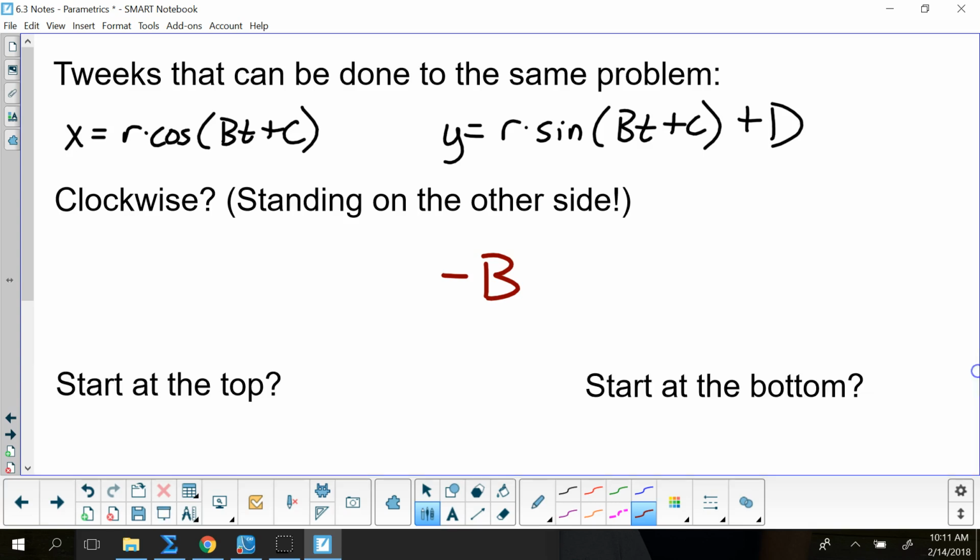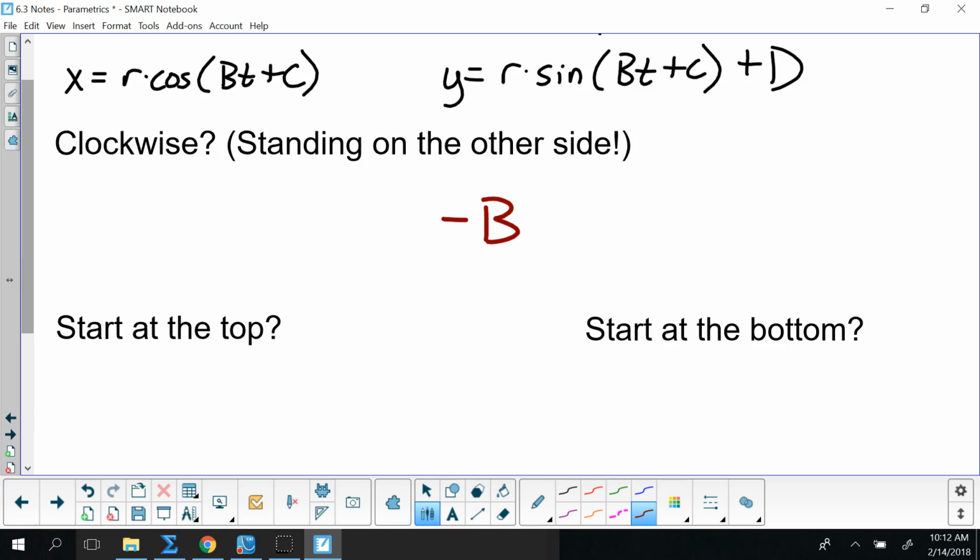Then we said, well, what if we start at the top? Yesterday, we started on the right side, because that's 0 on my unit circle. That's 0 in trig, right side. What if we start at the top? What tweak do we have to add?